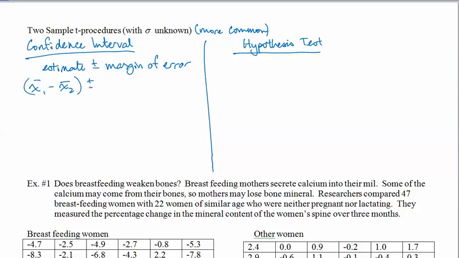And when we do not know standard deviation, our critical value is going to be our t, and then our standard error is used instead of standard deviation. So S1 squared over N1 plus S2 squared over N2. So critical value and standard error.